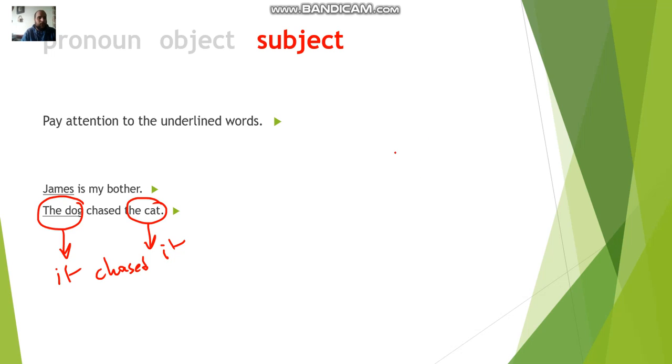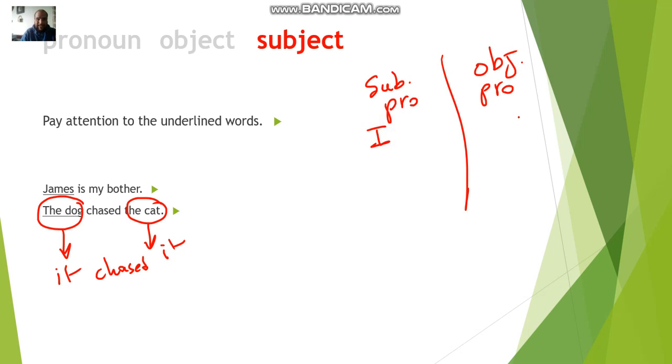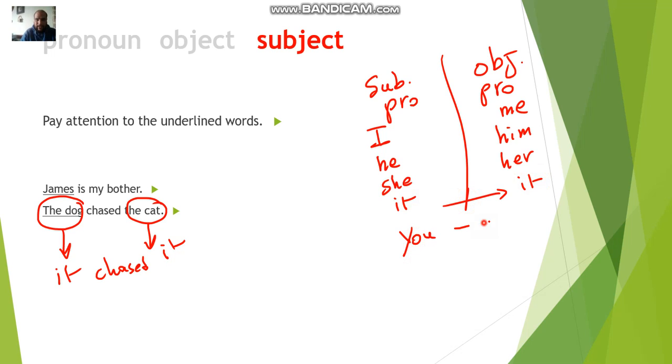Now, before moving forward, let me remind you of the subject pronouns and the object pronouns. I, me, he, him, she, her. It is not going to change, and you is not going to change.